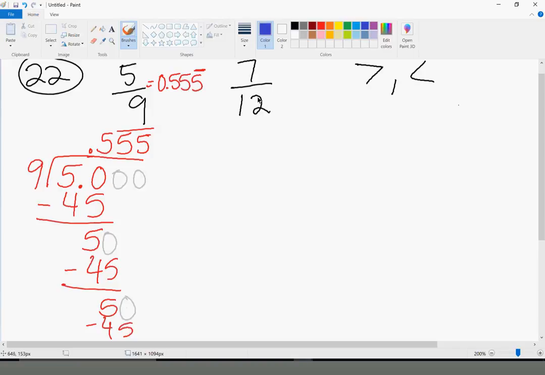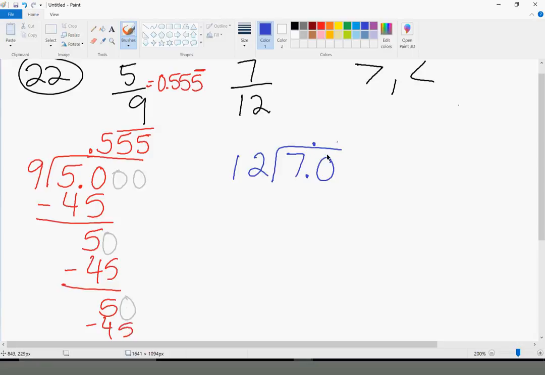Let's look over here. 7/12 is the same thing as 7 divided by 12. So the decimal for 7 would be here, but 12 can't go into 7, so let's add a 0 here. And now let's think. 12 goes into 70. 12 times 5 is 60. 12 times 6 would be 72.